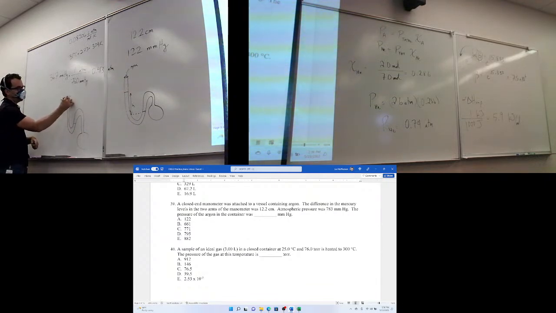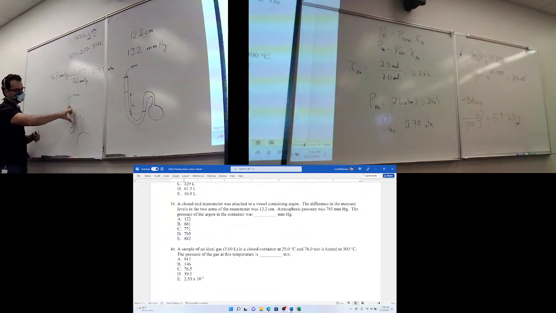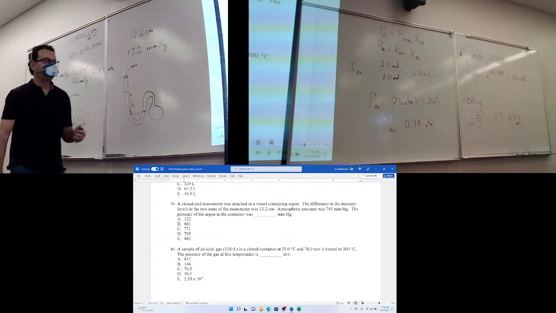There's a vacuum in here, so there's nothing pushing back, and the height of this mercury column is going to be entirely from the pressure inside this flask. So there's nothing pushing back, so the height of the mercury column is the pressure inside. Does that make sense? Okay.